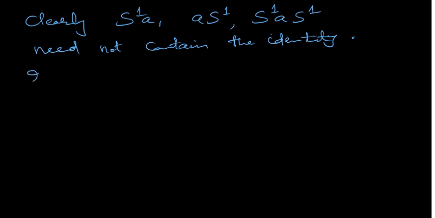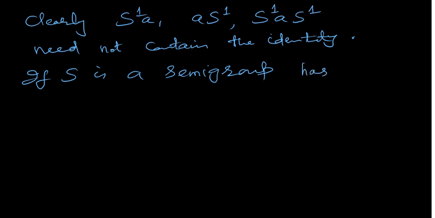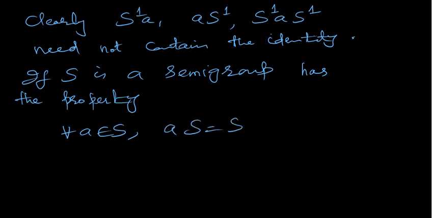If S is a semigroup, has the property, अगर इसके पास ये property होगी, for all a belongs to S, aS is equal to S, and Sa is equal to S. अगर इस सेमीग्रुप के पास ये प्रॉपर्टी अगर होगी, aS is equal to S and Sa is equal to S. Sa और aS आपने ऑलरेडी डिफाइन किया है, ये कौन से सेट्स हैं.